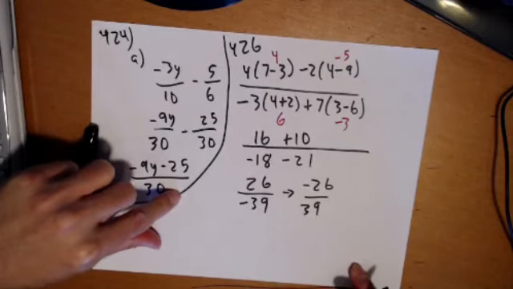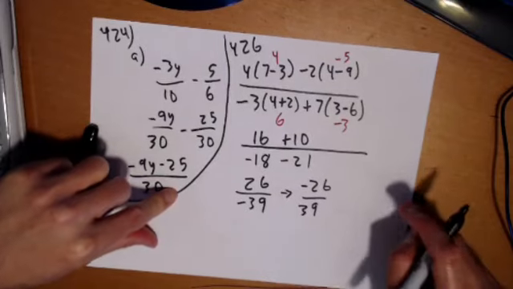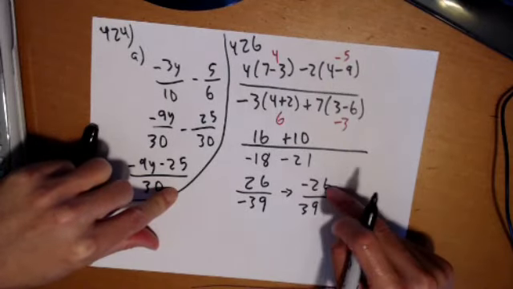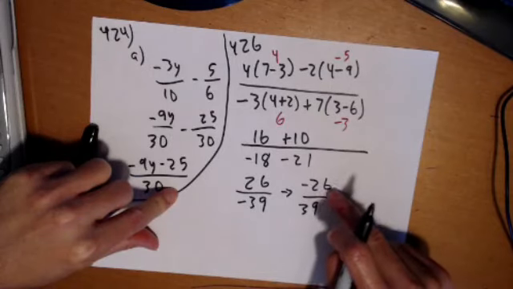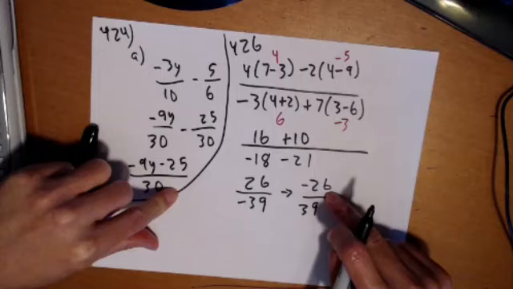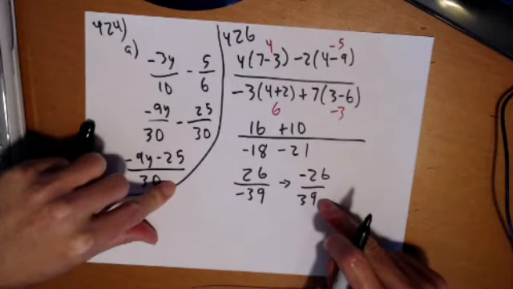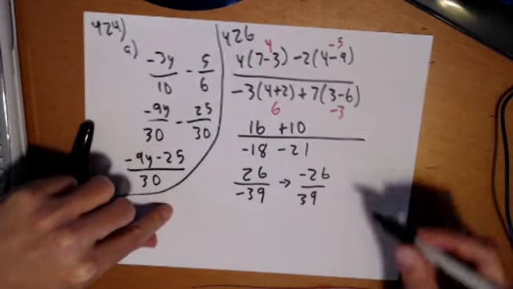Okay, are we done? Well, ask yourself, can it reduce? That's even, that's not, so 2 is not going to work. Does 3 go into this? 6 plus 2 is 8. 3 does not go into 8. So 3 doesn't go into the top. 3 goes into the bottom, but it has to go into both. 2, 13.